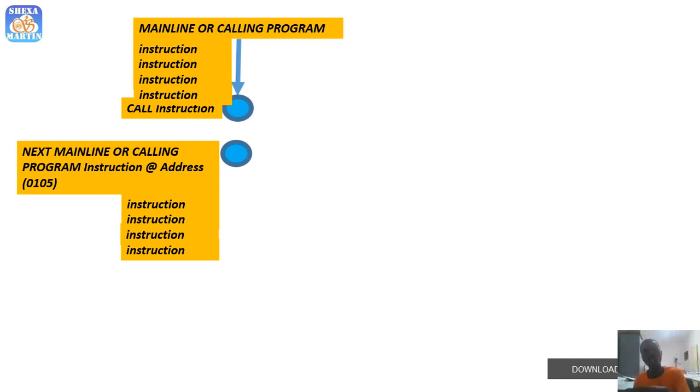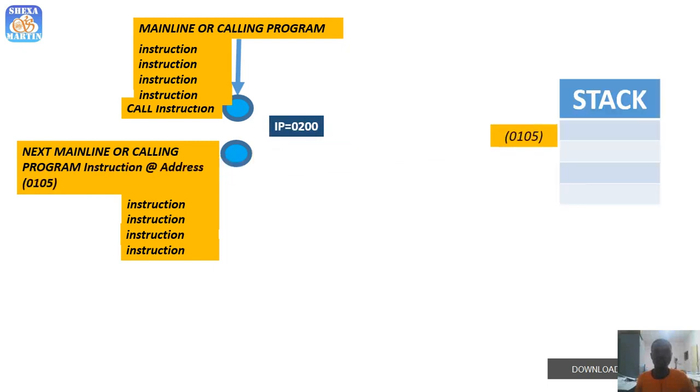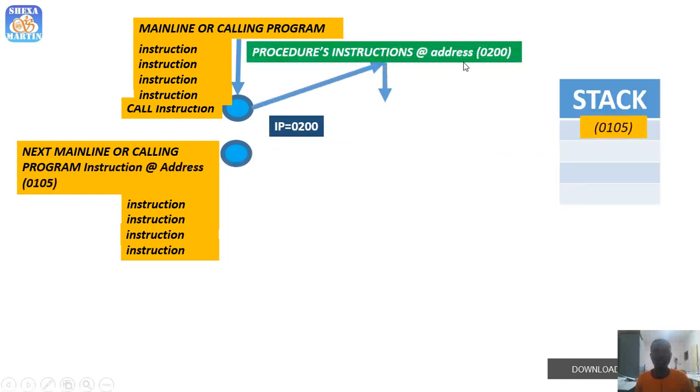After that, the address of the next instruction to be executed in the called procedure is moved into IP, like that. Then IP has this value, and this value is stored into the stack.